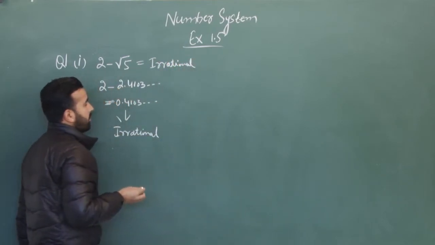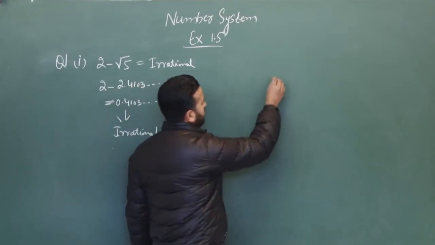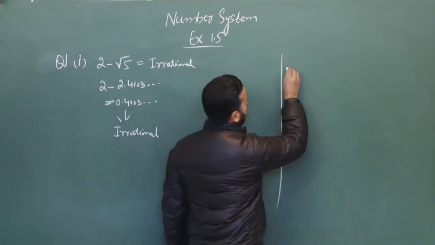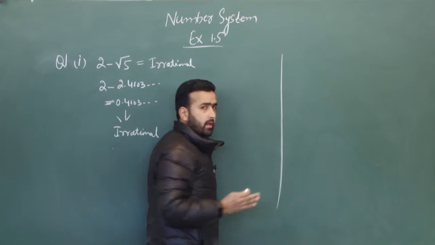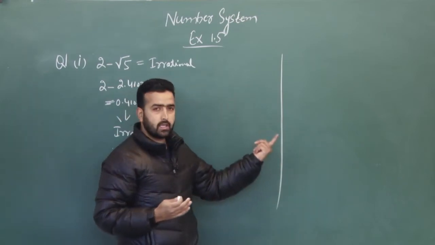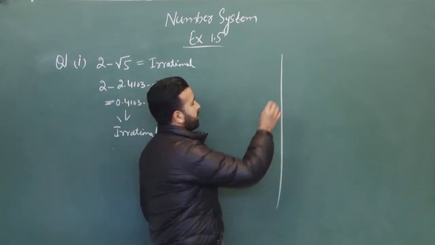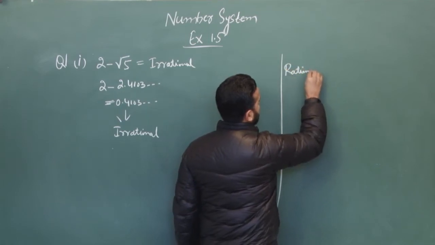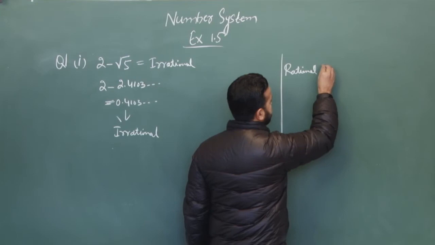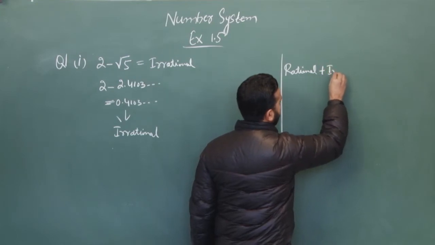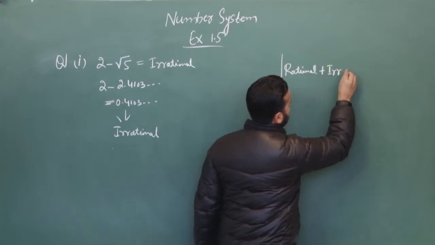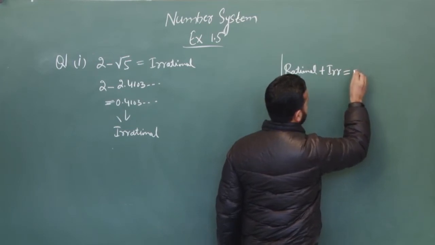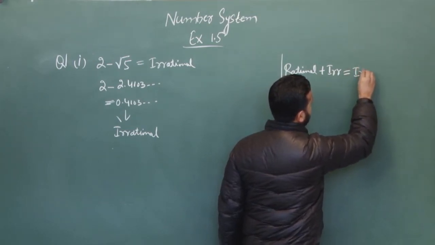Perhaps you can remember in all the cases where we use the different operations between the rational and the irrational numbers. If we have on one side the rational, and we use the addition operation, and on the other side we have an irrational number, the result will always be an irrational number.